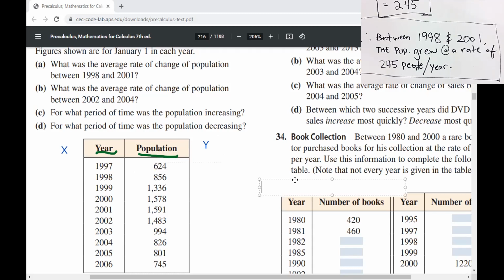Okay. So from 97, it grew, grew, grew, grew, and then it stopped growing, right? So from what time period was the population increasing? From 1997 to 2001.